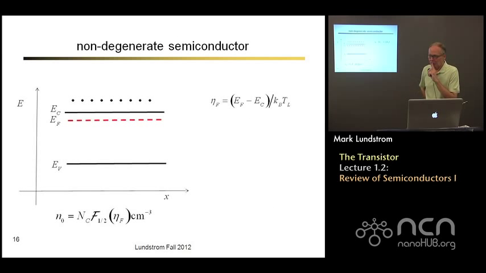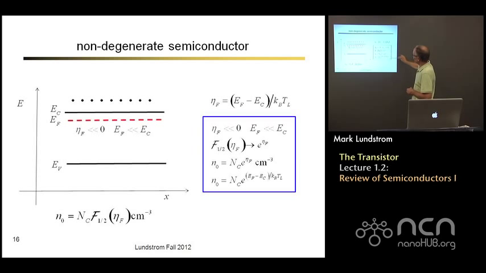Okay. So if we make this assumption that the Fermi level is way below the bottom of the conduction band, then that Fermi-Dirac integral simplifies to an exponential. And under those cases, we'll get some very simple expressions. The Fermi-Dirac integral becomes an exponential. Eta f is just the Fermi energy minus the bottom of the conduction band in units of kT.